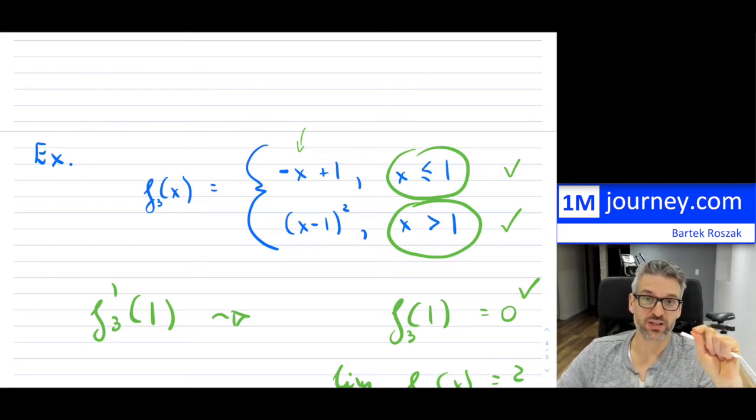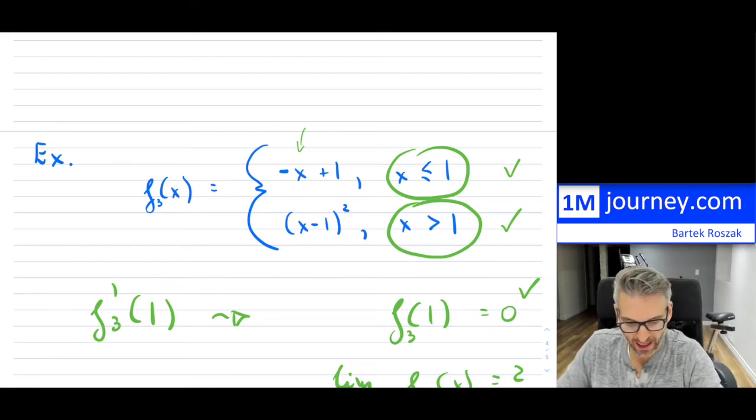So this function is differentiable everywhere except at that particular point. And let me show you.